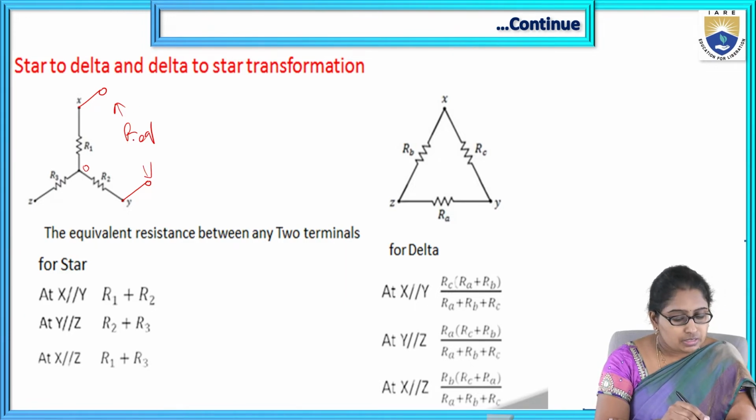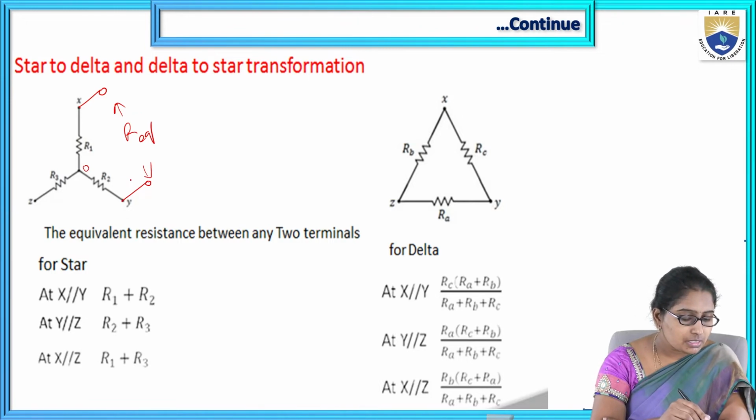Next, the equivalent resistance between terminals Y and Z is simply R2 plus R3, and the resistance between X and Z is R1 plus R3.